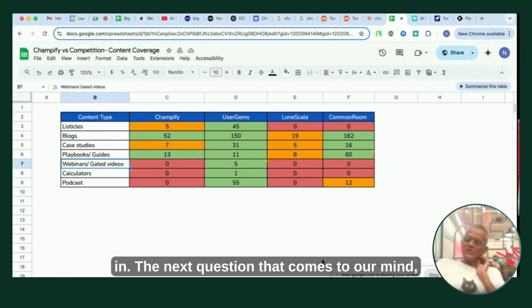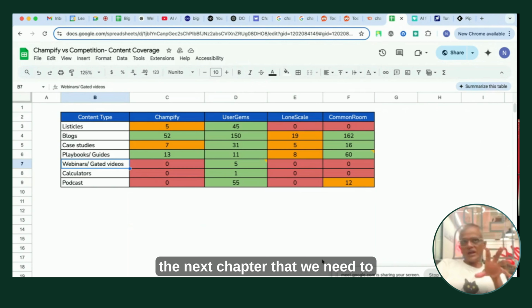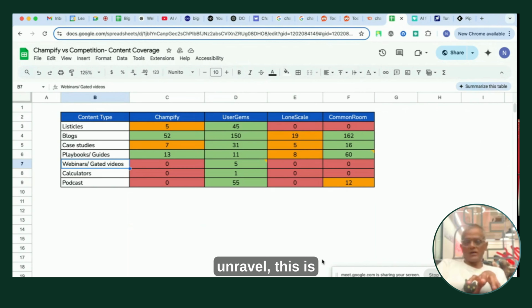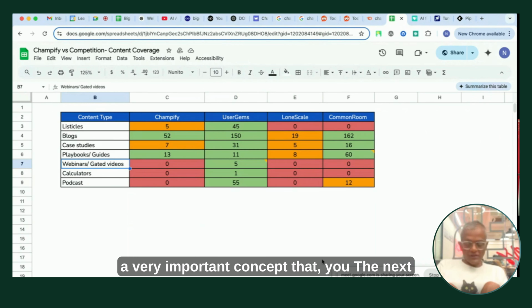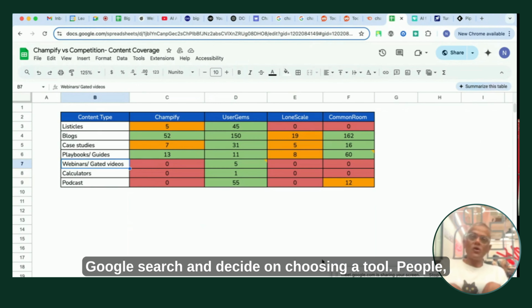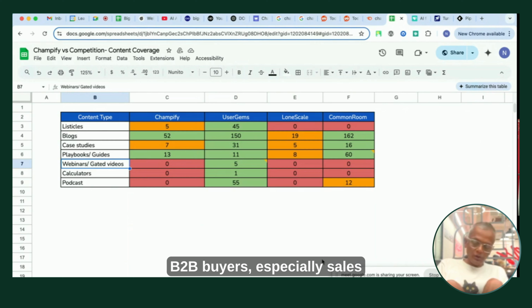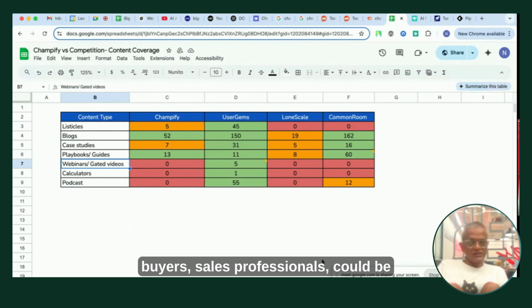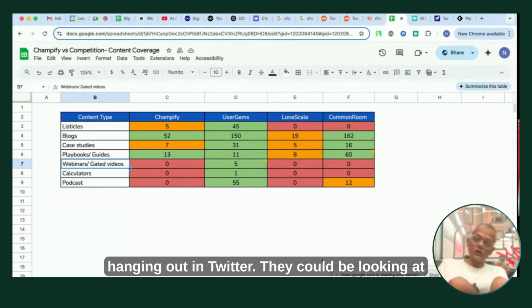The next question that comes to our mind, the next chapter that we need to unravel, is a very important concept: that people are searching. They don't just search on Google and decide on choosing a tool. B2B buyers, especially sales professionals, could be hanging out on Twitter.